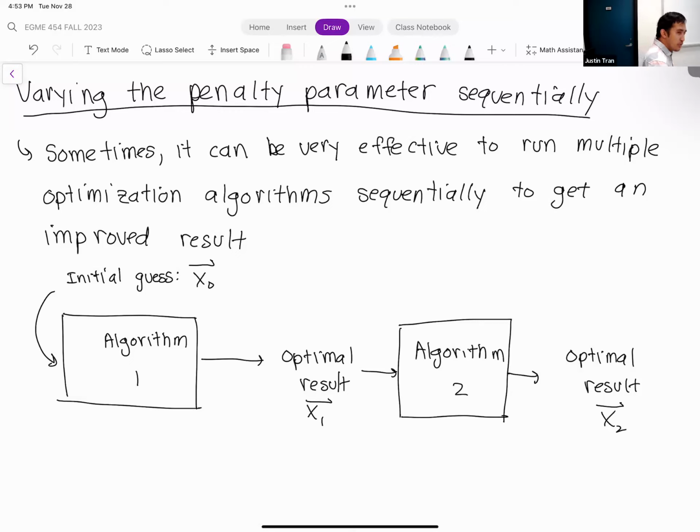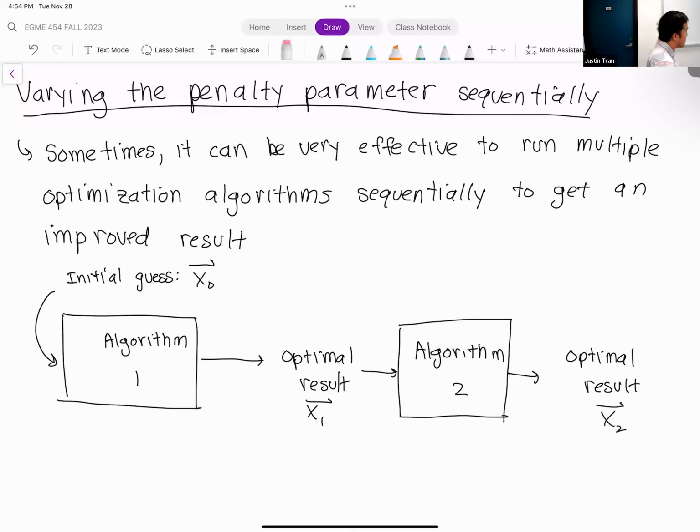And then if you're really crazy, you can add a third optimization to this, right? And get an even more improved result. And if you're even crazier, you can actually loop all this together, right? So maybe you take the optimal result from algorithm 2, feed that back into algorithm 1, and you keep repeating this over and over and over again, right? And so, almost surprisingly, linking together multiple algorithms and taking the optimal result from one and using that as the initial point for another one is actually a very, very effective method.